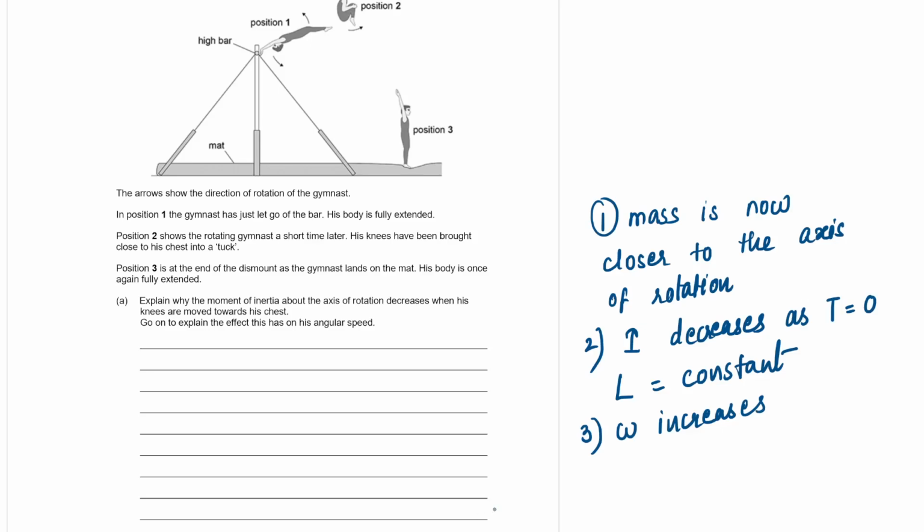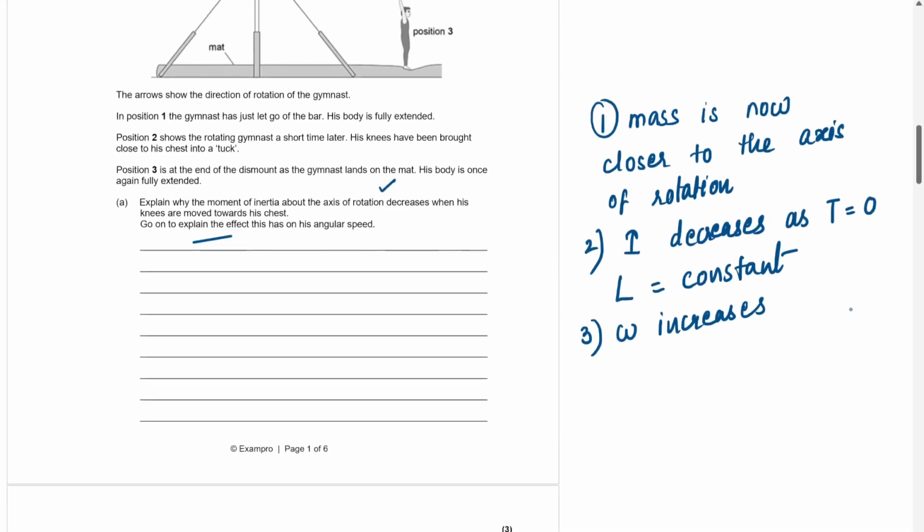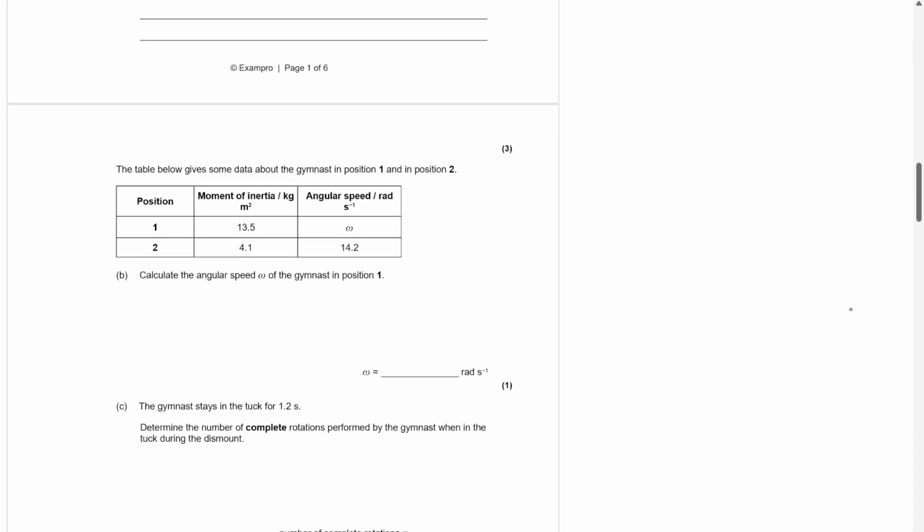So moment of inertia decreases because mass is brought closer, so we have answered this one, and then we have explained the effect this has on angular speed. If you write just omega increases, you have not explained why. It has increased because I has decreased, torque is 0, L should remain constant. Then you have explained it. Otherwise, you've just stated omega increases.